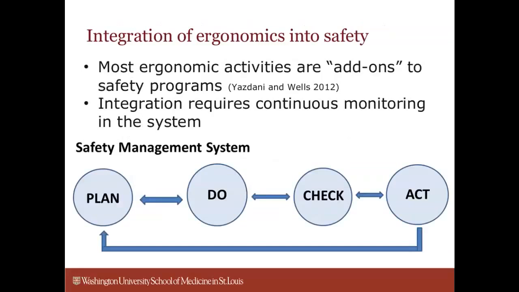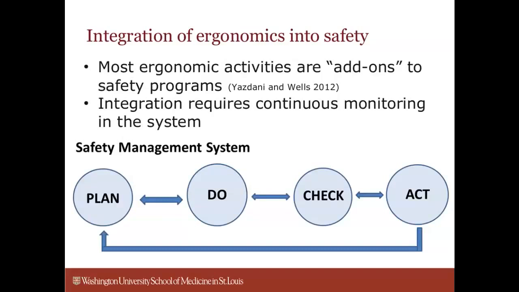In addition to designing just the safety program, it is important to think about how the program is delivered and whether or not the program is doing what you intend for it to do. And we can determine that through the Safety Management System Plan, Do, Check, Act cycle.